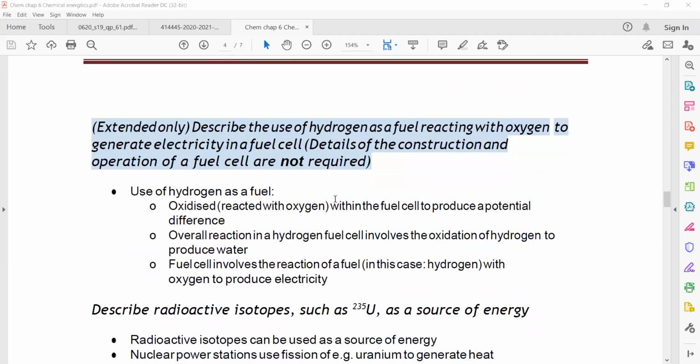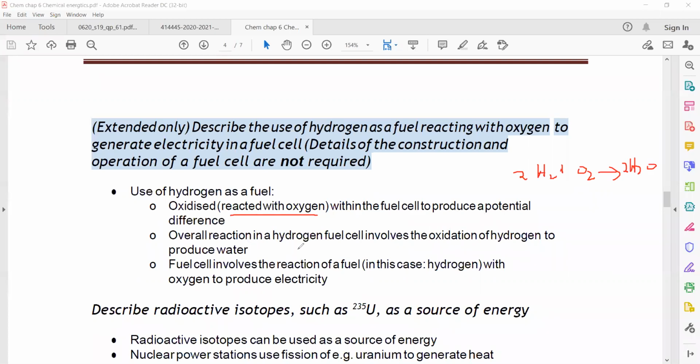So what happens in a fuel cell? In a fuel cell, basically hydrogen reacts with oxygen. When something is used as a fuel, the reaction must be an exothermic reaction, so it releases heat energy. The fuel is oxidized, meaning reacted with oxygen, to produce a potential difference or voltage.